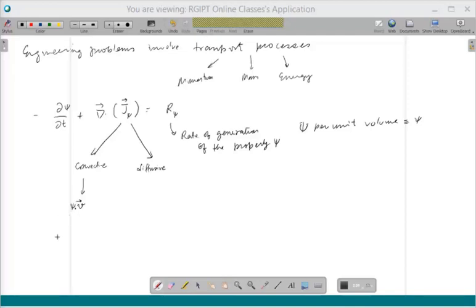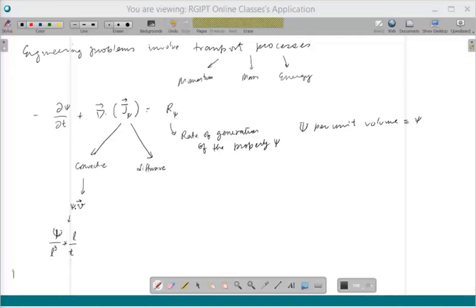This is basically capital psi per unit volume, that is L cubed, multiplied with velocity, which is length by time. This is essentially L squared, so psi per unit area per unit time, which is the psi flux.